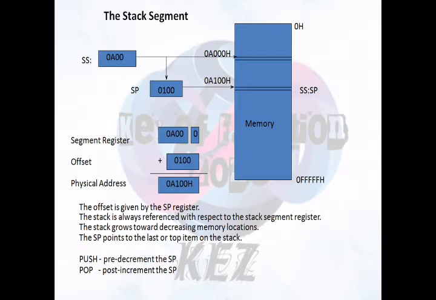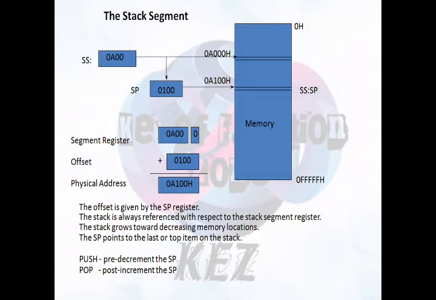Now in memory, 0H to 0FFFFFH, that means up to 64K. The segment registers are given here, and the offset is given. So the physical address we will get is the segment register plus offset, and it gives you the physical address.